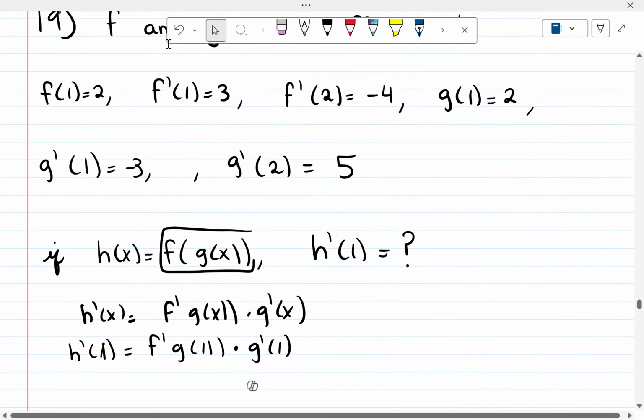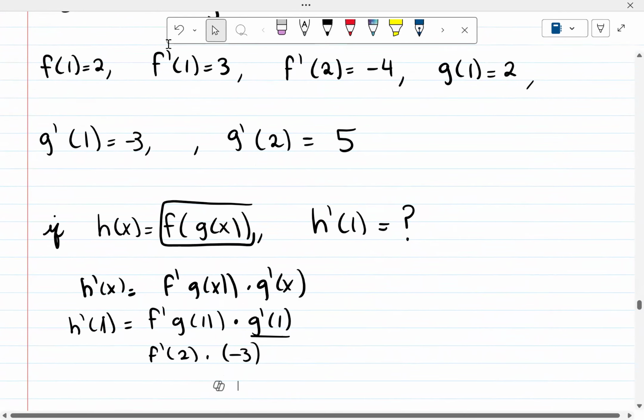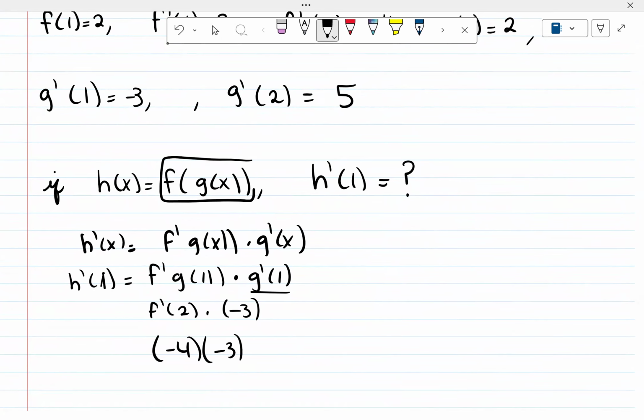Now, this is where they give us all this information. g of 1 was given as 2, so it's going to be f prime of 2 times g prime of 1. That was also given as negative 3. And they also tell us that f prime of 2 is negative 4. Times negative 3, so h prime of 1 is negative 4 times negative 3, which is 12.